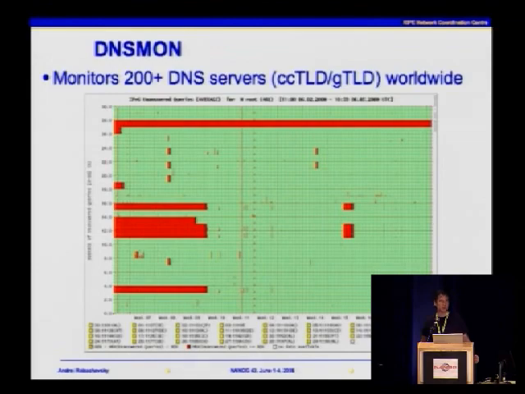For instance, if you see a horizontal red line, it's probably a problem with a probe, because the y-axis is the probe number. But if you see a vertical line, that may be a problem very close to your DNS server.